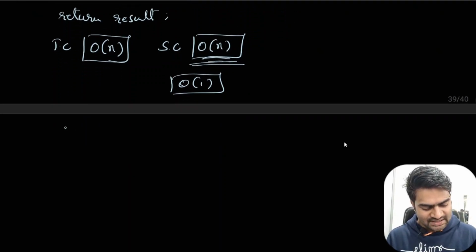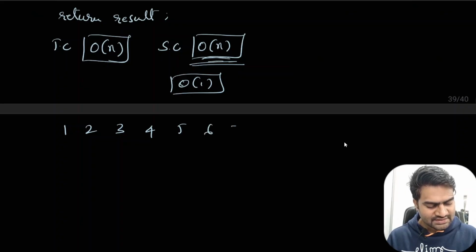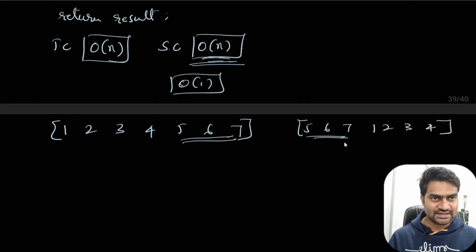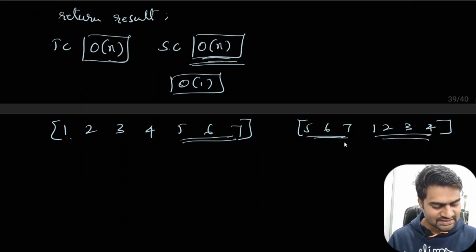Let us take the array again, 1, 2, 3, 4, 5, 6 and 7. What will be our shifted array? It will be 5, 6, 7, then 1, 2, 3, 4. Now let us see, this part is this one and the remaining part is this one.